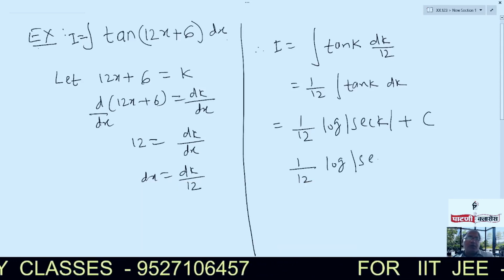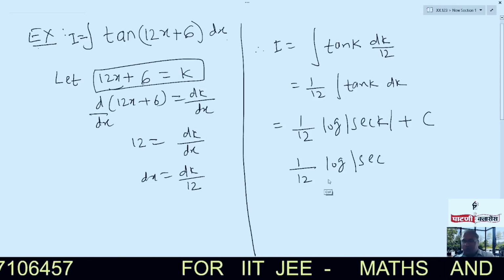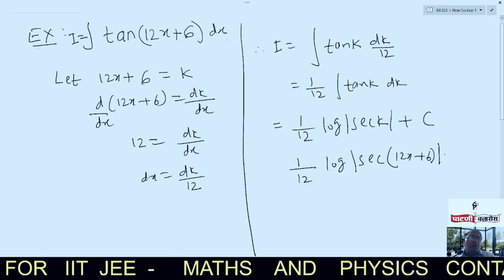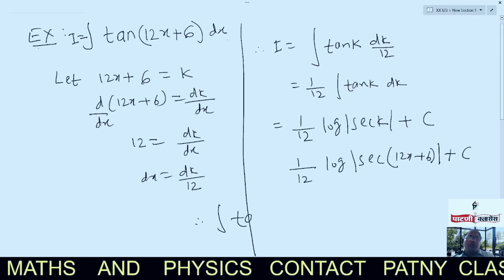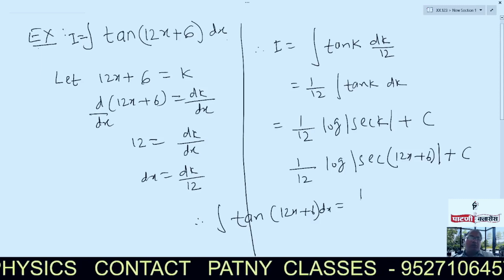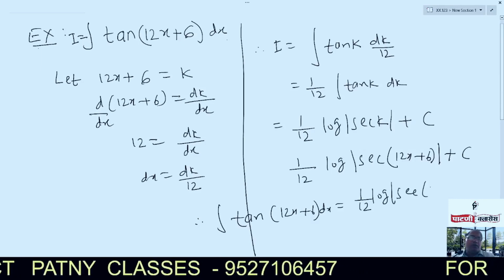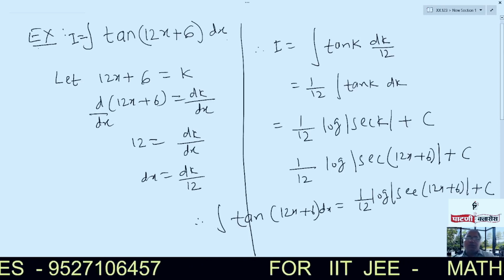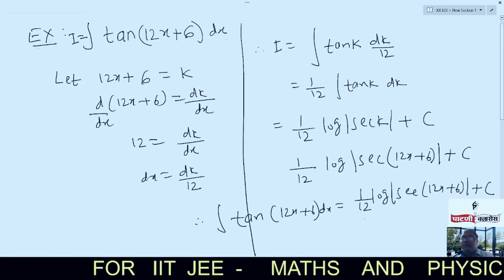Putting back the k value, k equals 12x plus 6. So putting that value here, sec (12x plus 6) modulus plus c. Therefore, integration of tan of (12x plus 6) with respect to x equals 1 upon 12 log of modulus of sec (12x plus 6) plus c. This is the required answer of integration of tan of (12x plus 6).